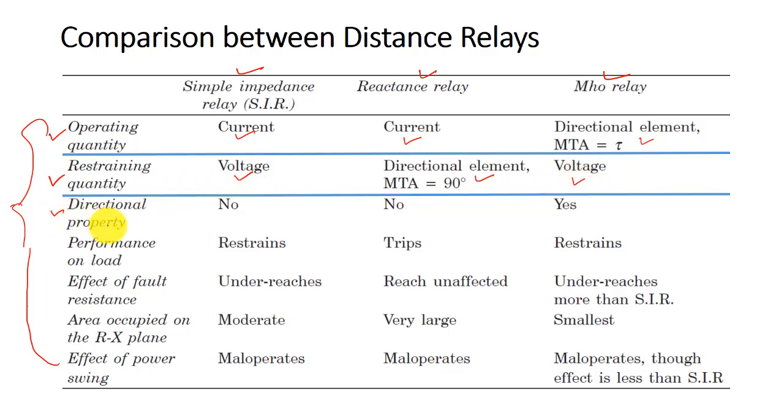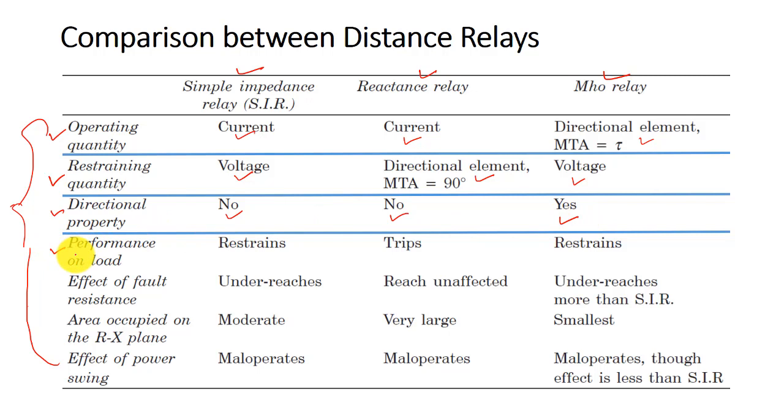And if we consider directional property, then simple impedance relay doesn't exhibit a directional property, no. Similarly, your reactance relay also doesn't provide any directional property, therefore no. And your Mho relay provides the directional property, yes.